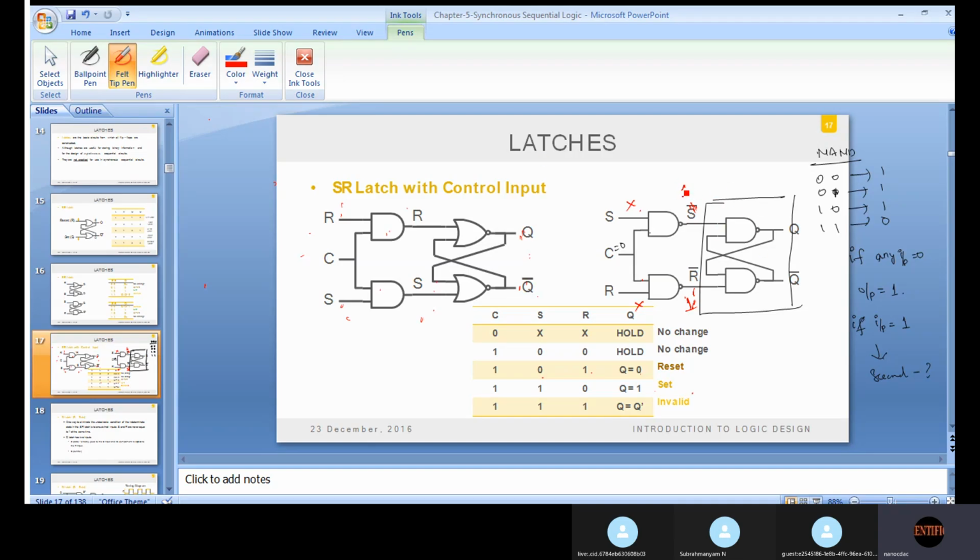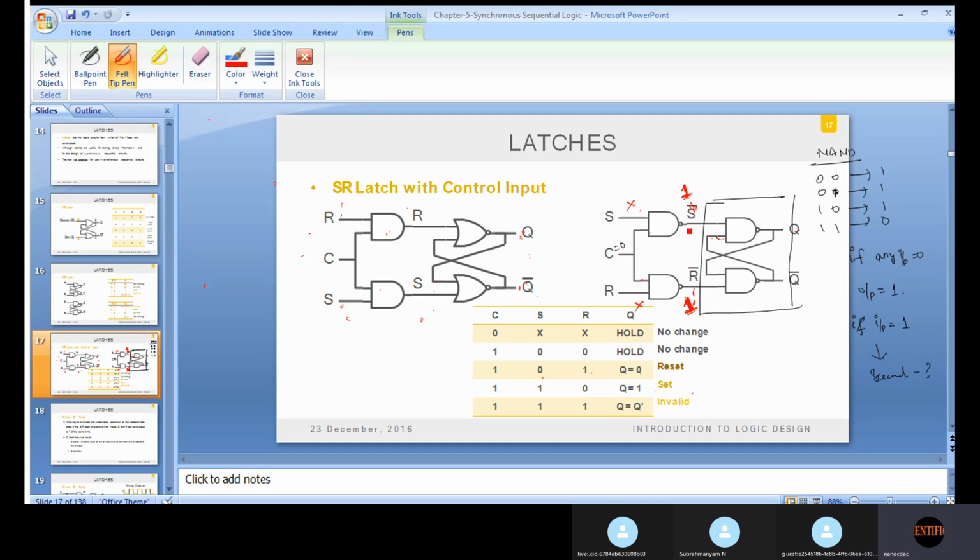Just see, you have given 1 and 1 here. When both inputs are ones, for S one input is 1, do I need to see the second input or can I put the value blindly? Yes, we have to see the second input. What will be the second input for this?